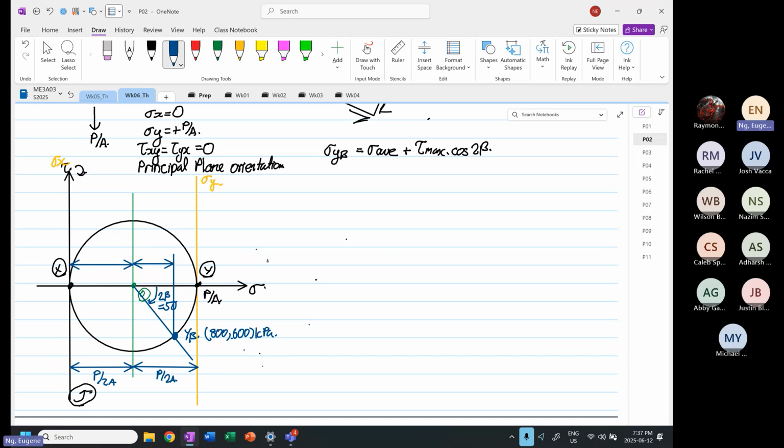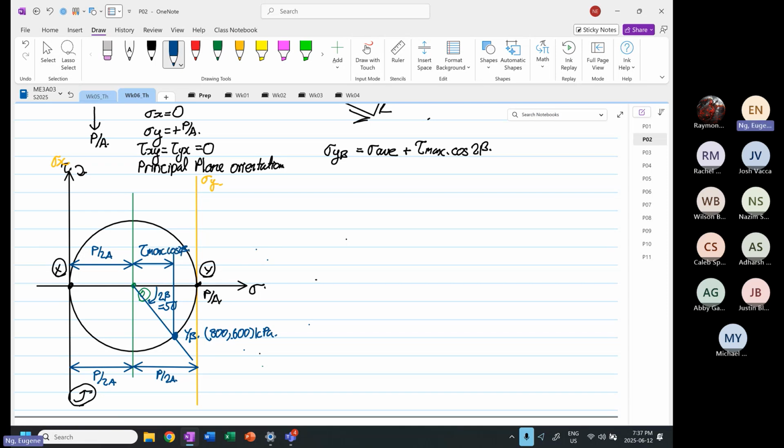So we know that this is P over 2A, and this is equal to tau max cos 2 beta.